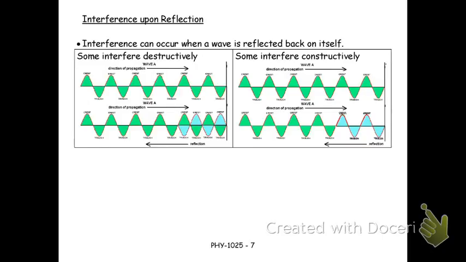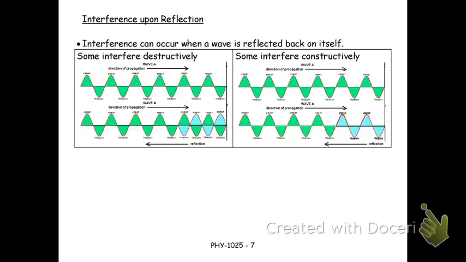Now, let me ask you a question. If you go to a swimming pool and you splash a wave towards the wall, so a crest goes towards the wall, and you watch the thing bounce off, what comes back to you?